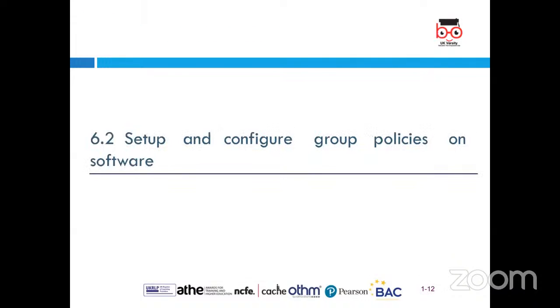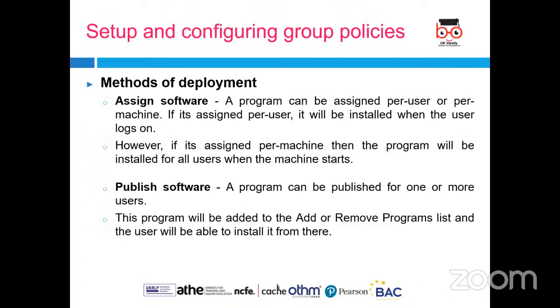So looking into more detail, now we're going to see how to set up and configure group policies of software. So what do we mean by group policy of software? We can now see a couple of methods which are used to deploy. We can either assign the software or publish the software.